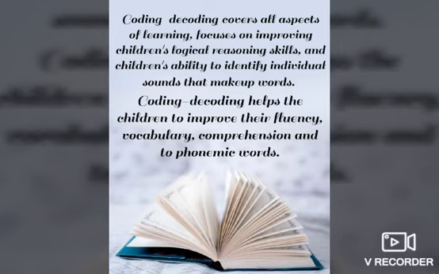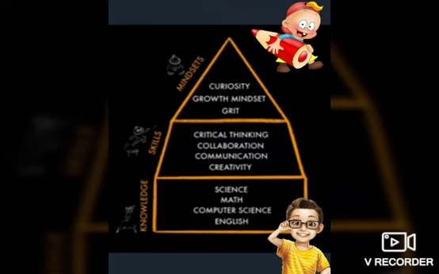It covers all the aspects of learning, focuses on logical reasoning skills, which are needed for a child's right brain development, and it is also helpful in enhancing a child's neuron system too. It is helpful in developing mindset, skills, and knowledge among the students.